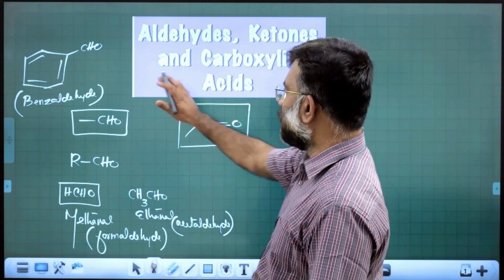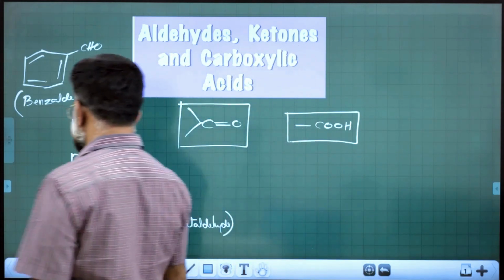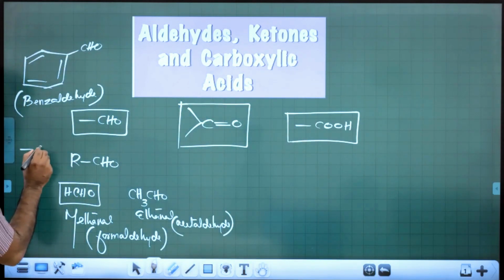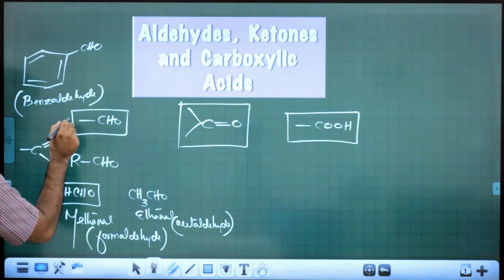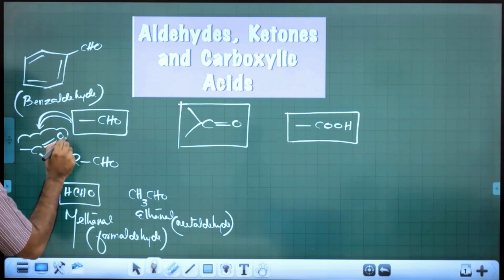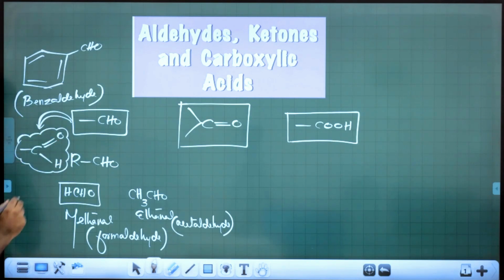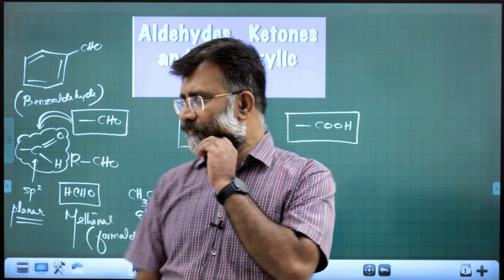So that is about aldehydes and their structural entity. The aldehyde structural entity will be like this: C double bond O, H. This is the structural entity of aldehydes. That is also known to all, where carbon undergoes sp2 hybridization and is a trigonal planar system.